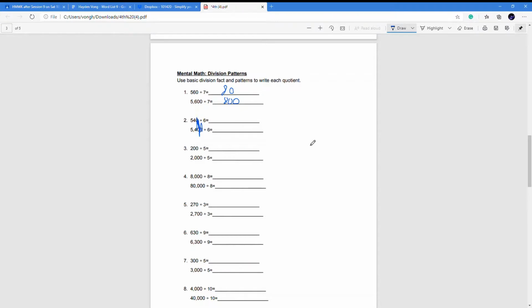Now 6 times 9 is 54, so it's 9. Now we look back at the zeros. How many zeros do we have? We have 1 zero, so we add it there. Same thing for here, we add the 2 zeros. So your answer would be like this. It's pretty simple. Just make sure you memorize.